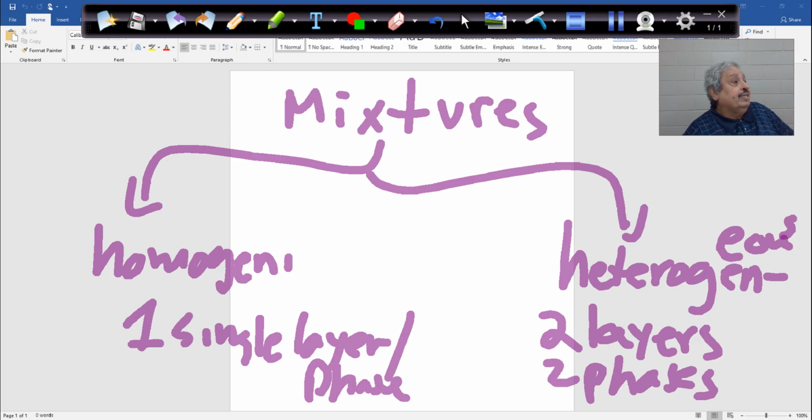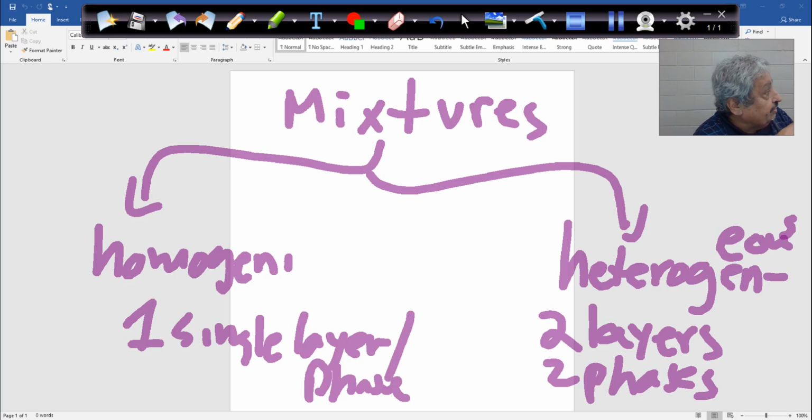But the definition of this is when you mix those pure substances, if the mixing or the distribution of those pure substances is fixed throughout the mixing procedure, this is homogeneous because you can see one single layer.